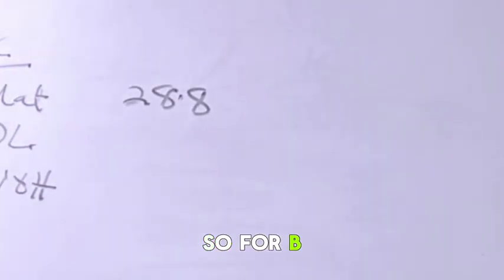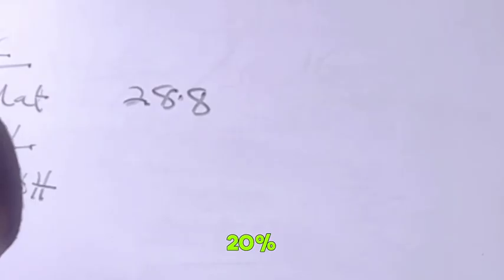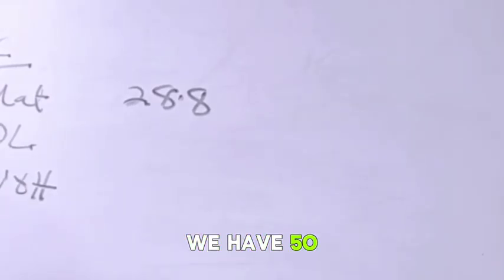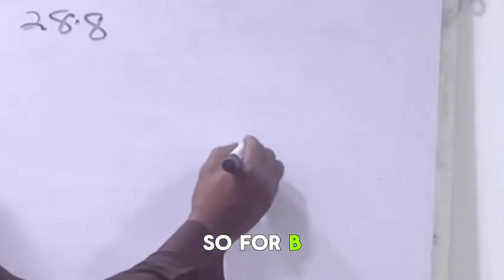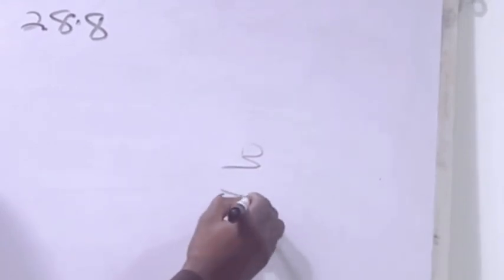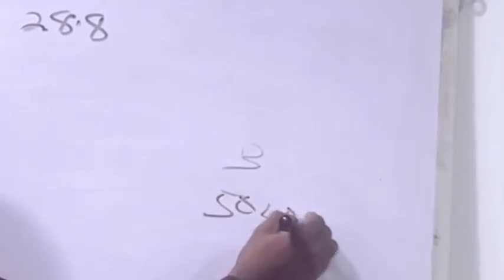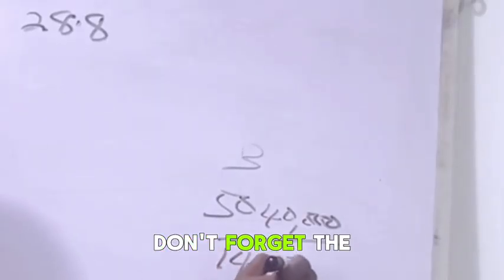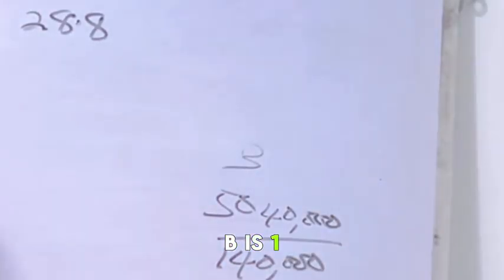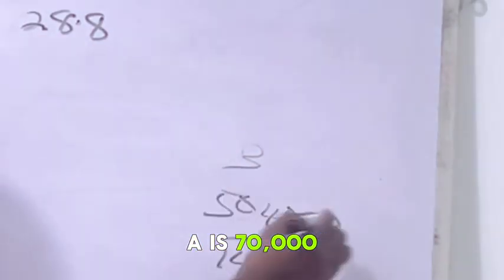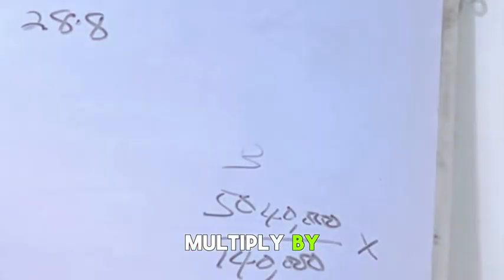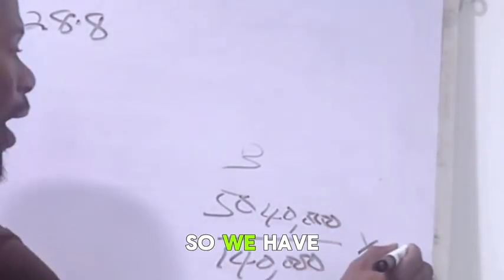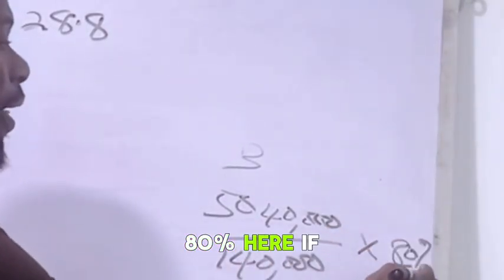So for B, it is going to drop by 20%. For B, we have 5,040 all over 140,000. Don't forget the units produced for B is 140,000, whereas for A it is 70,000. This time around, it's not reduced by 10% but by 20%, so we have 80% here.